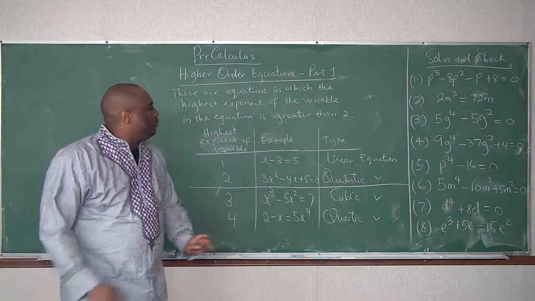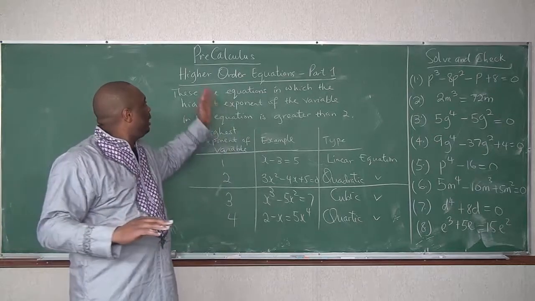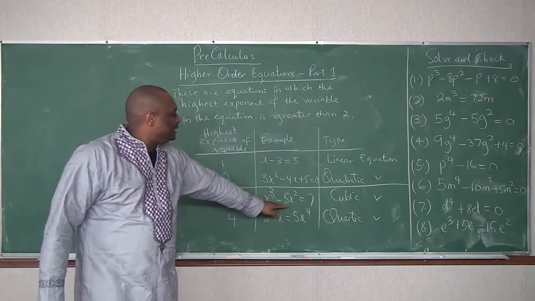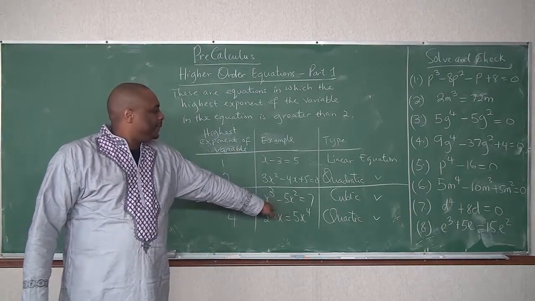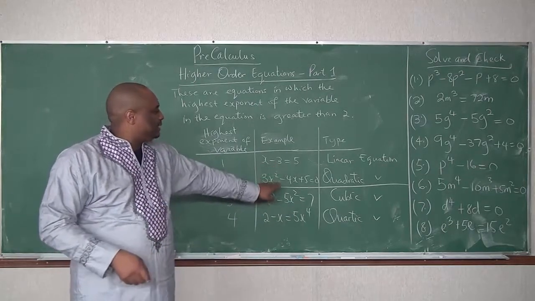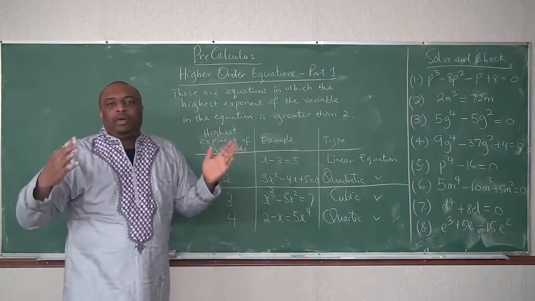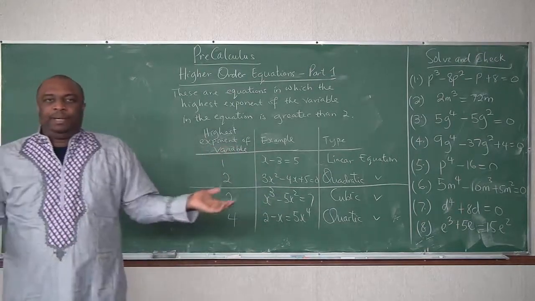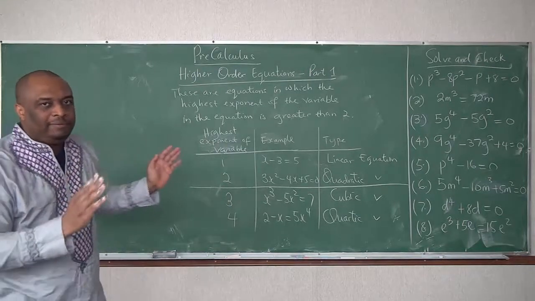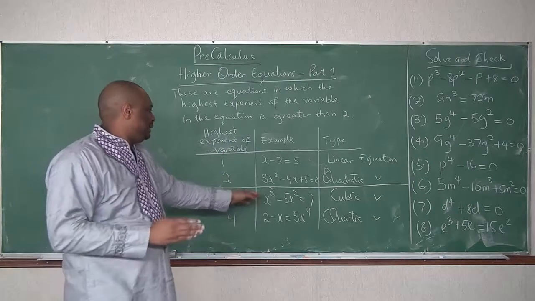Now, later on we shall come to complete and incomplete higher order equations. If you look at this now, this is incomplete, this is complete, this is incomplete. What I mean by incomplete is that you don't have all the exponents represented in the equation.